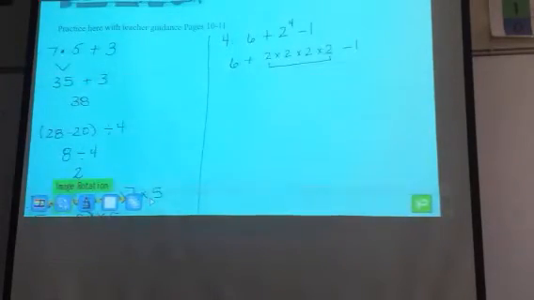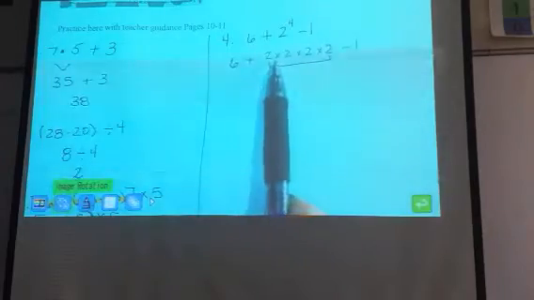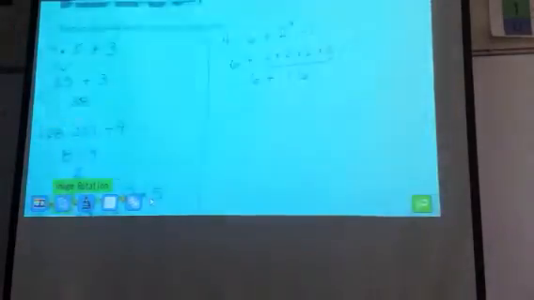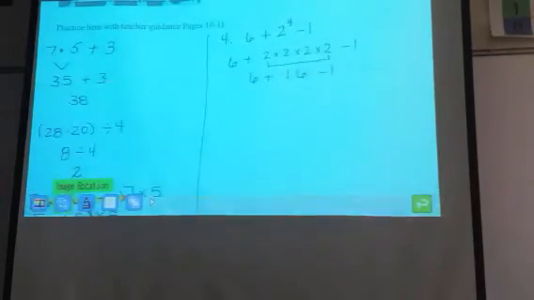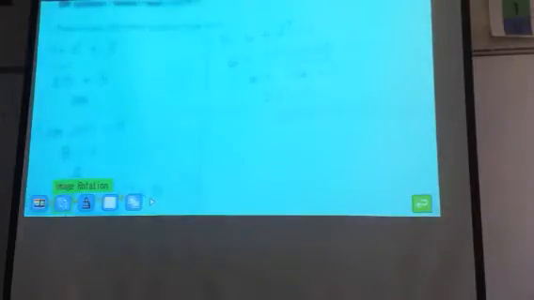So I'm going to solve the 2's. 2 times 2 is 4, 4 times 2 is 8, and 8 times 2 is 16. So I have 6 plus 16 minus 1. Now, in my order of operations, it tells me to add and subtract going left to right. So 6 plus 16 is 22, minus 1, 22 minus 1 is 21.